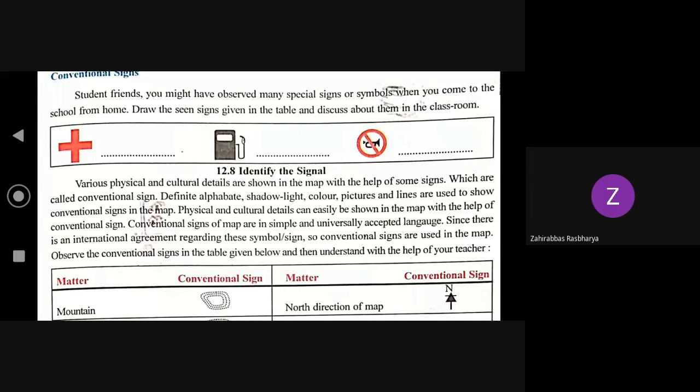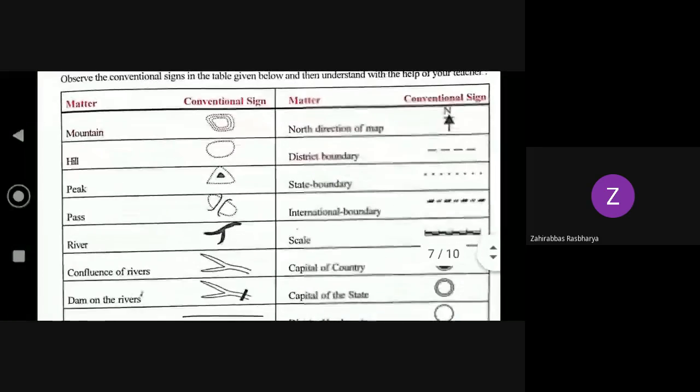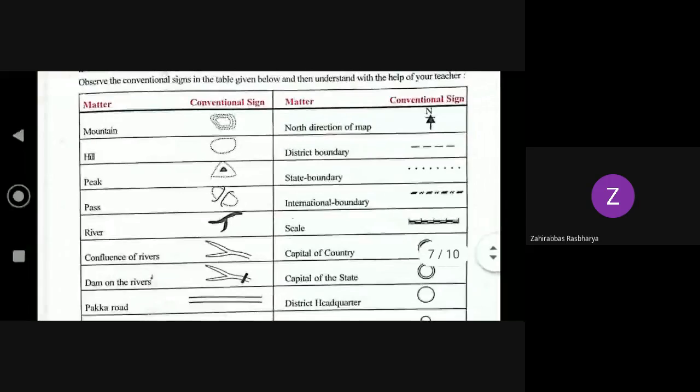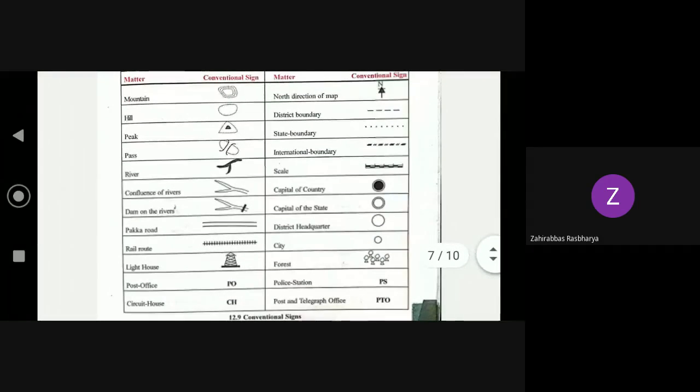Since there is an international agreement regarding these symbols and signs, conventional signs are used in the map. International agreement about the signs and symbols. Internationally these same things are there at every place, on every map. You understand? Whatever the country is, all these signs are there.